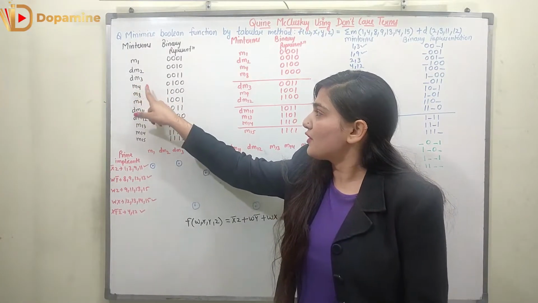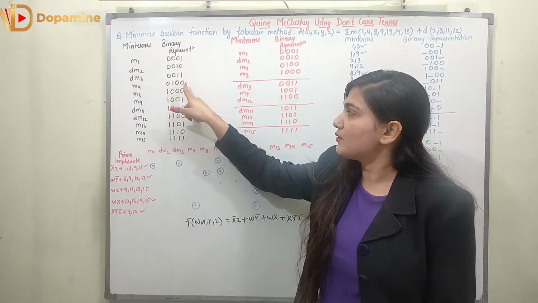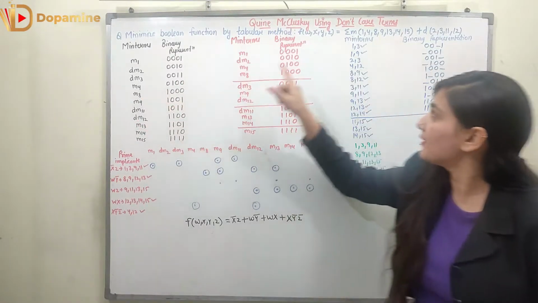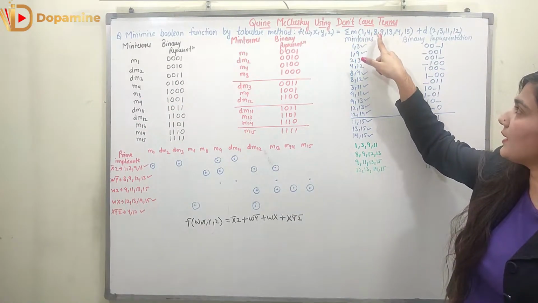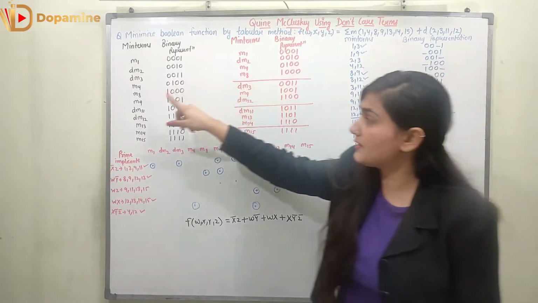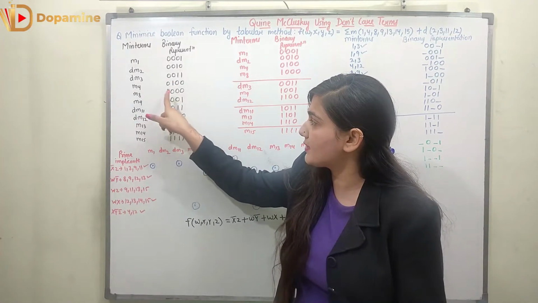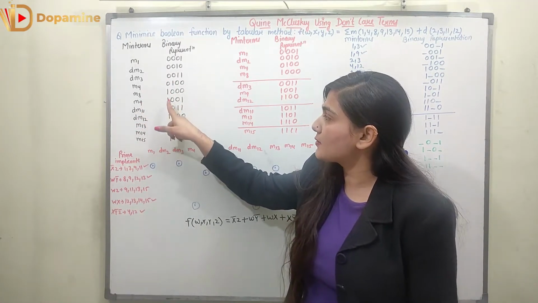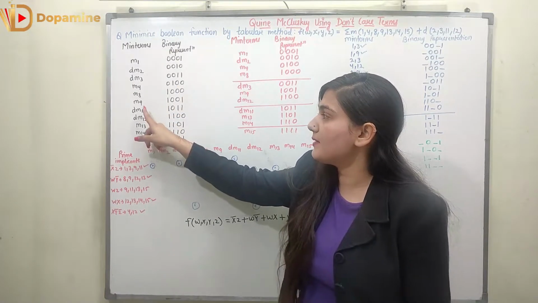The min term 4 is represented as 0100. Then we have min terms 8 and 9: 8 as 1000, 9 as 1001. Then I had min term 13.